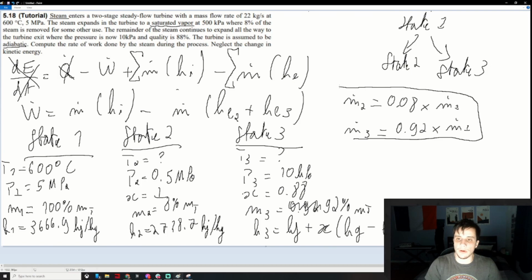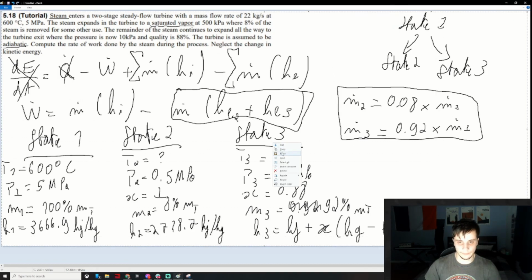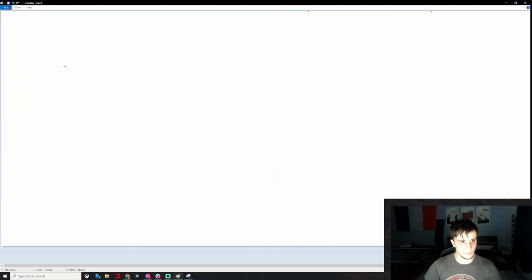So that's very important. The way I wrote this is wrong. It should be separated. It should be m dot 2 times specific enthalpy in state 2, and then m dot 3 times specific enthalpy in state 3. Okay. Remove this.